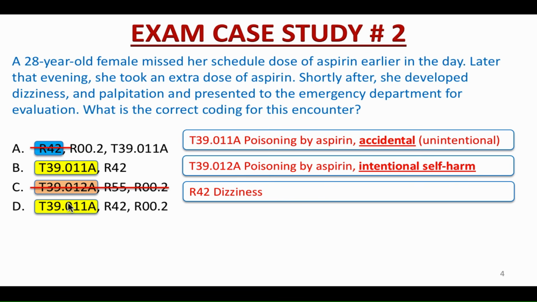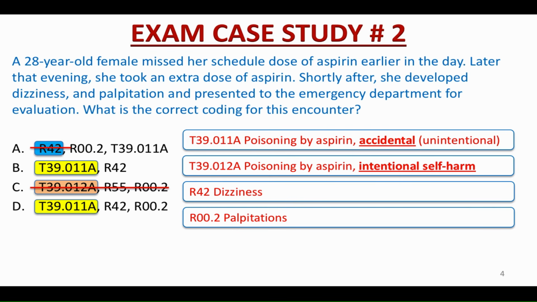B and D still remain, and the difference between them is that D has an additional code, R00.2. After you look it up in the tabular list, you will find that R00.2 is for palpitation. According to the case, the patient developed dizziness and palpitation after taking an extra dose of aspirin.